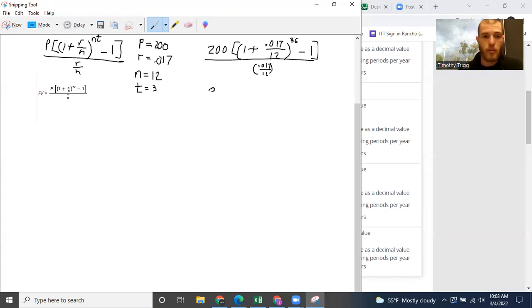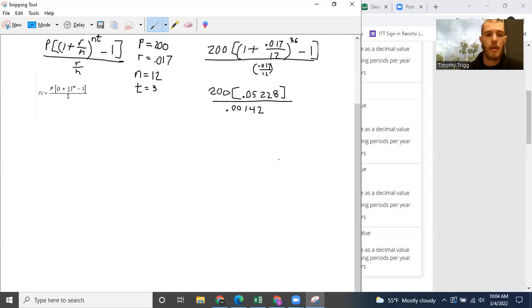Okay, so this top part is 200, and what ended up in my bracket here is 0.05228. You want to go quite a few decimal places here, but I think 5 decimal places should be enough. In the denominator, we just have 0.017 divided by 12. I'm going to write that as 0.00142.